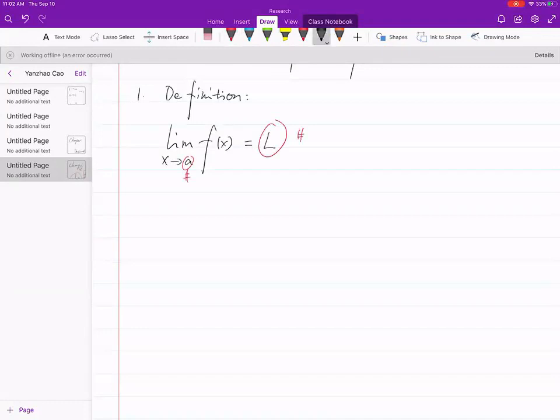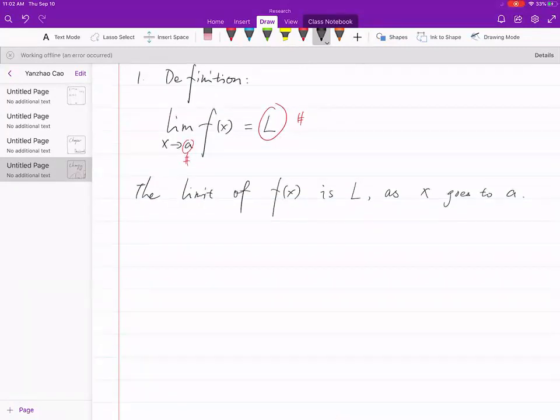And what this says is the limit of f(x) is L as x goes to a. Another way to say it: f(x) goes to L as x goes to a.